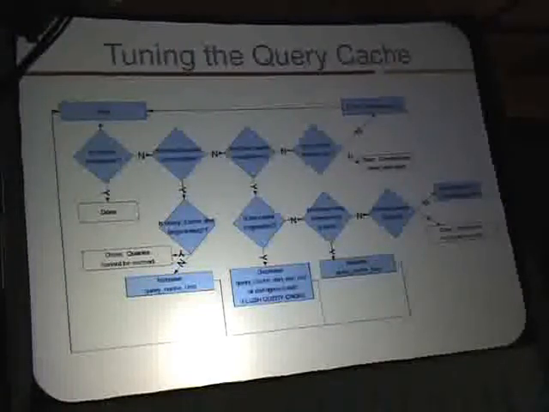Yes? What's considered an acceptable hit rate? Good question. It depends on your workload. Something that I haven't really gone into a lot is that you can segregate your workload, and you may have, for example, a lot of queries that are uncacheable against certain tables and queries that are very good to cache against other tables.